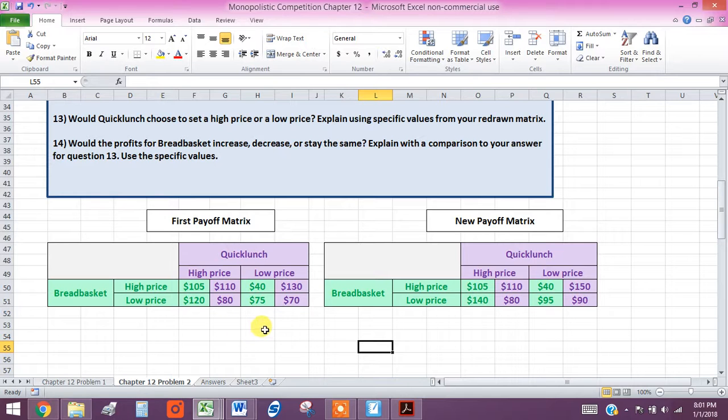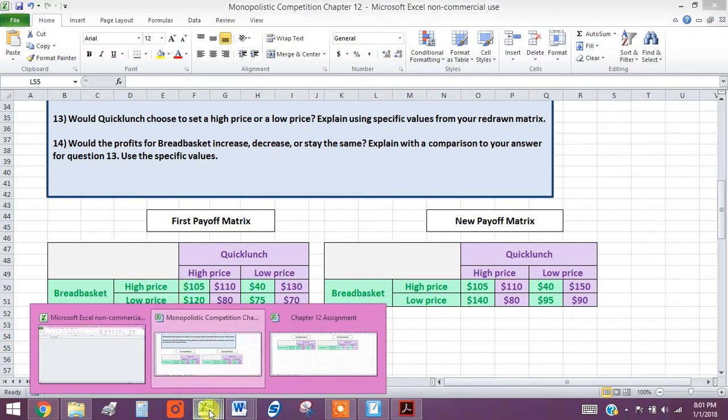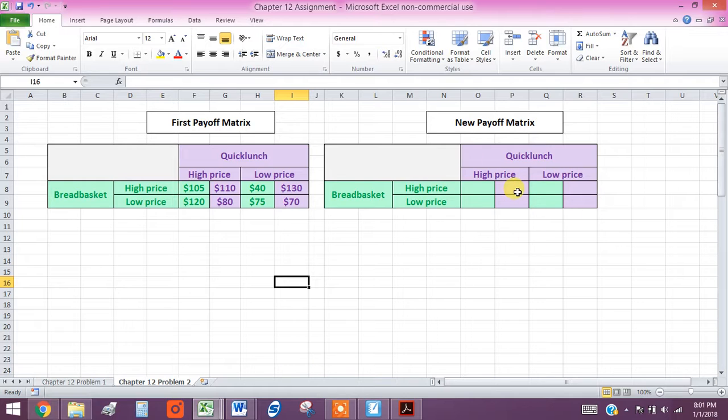Let me just use the one that we're working on so you don't get mixed up by this over here. This is what we're concentrating on right here. If Bread Basket chooses low, they're better off either way, right?